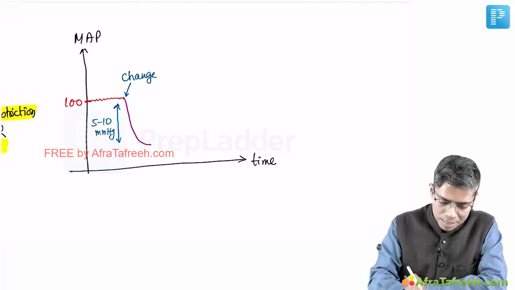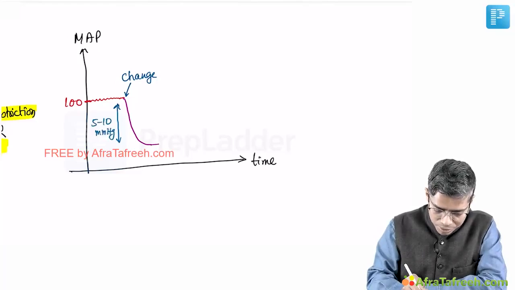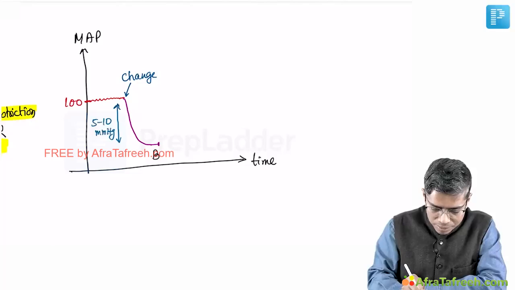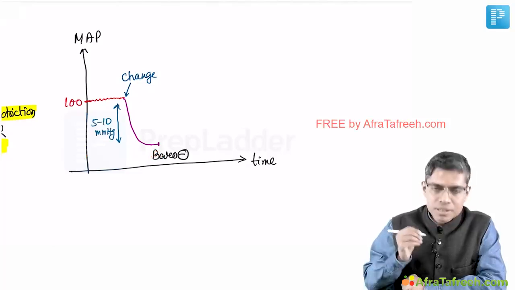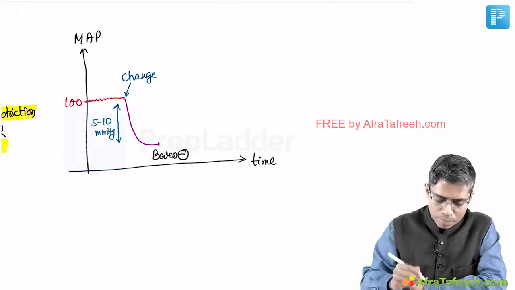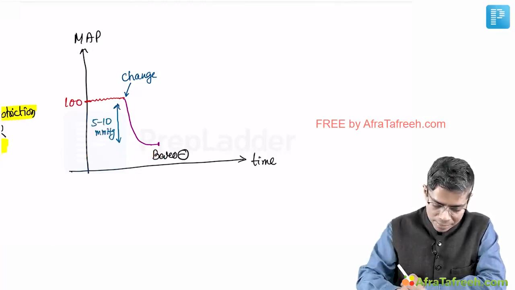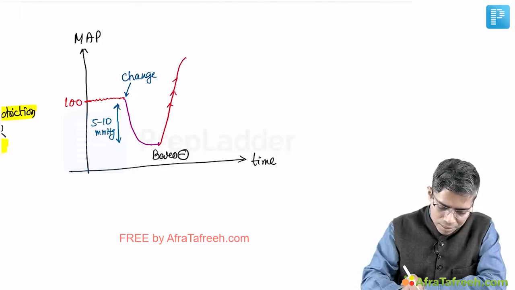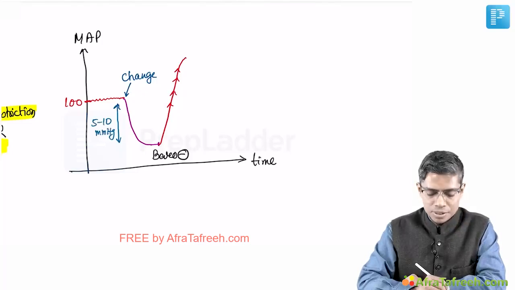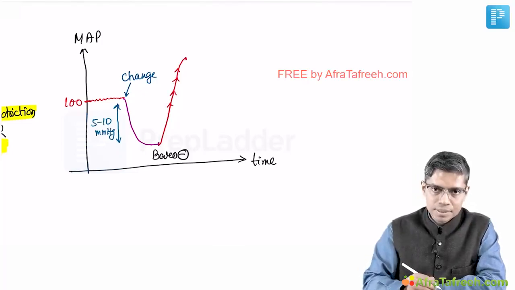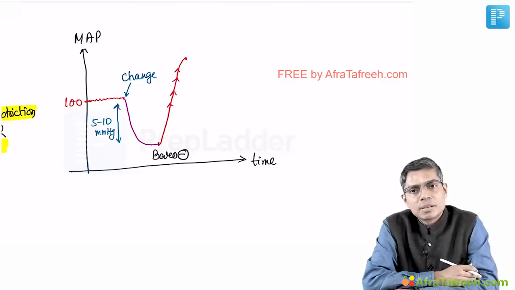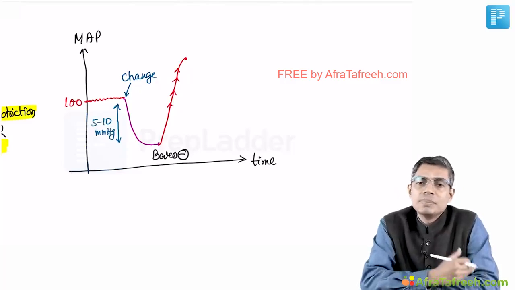Okay. Now, whenever there is a fall of this blood pressure, within these 5 to 8 seconds, the baroreceptor will be inhibited. Inhibition of the baroreceptor means the compensatory sympathetic system will be activated. That will drag up the blood pressure to a very high level. So this is, okay, increase in blood pressure. But look at, the immediate sympathetic system activation is not correcting the blood pressure to the normal level immediately.